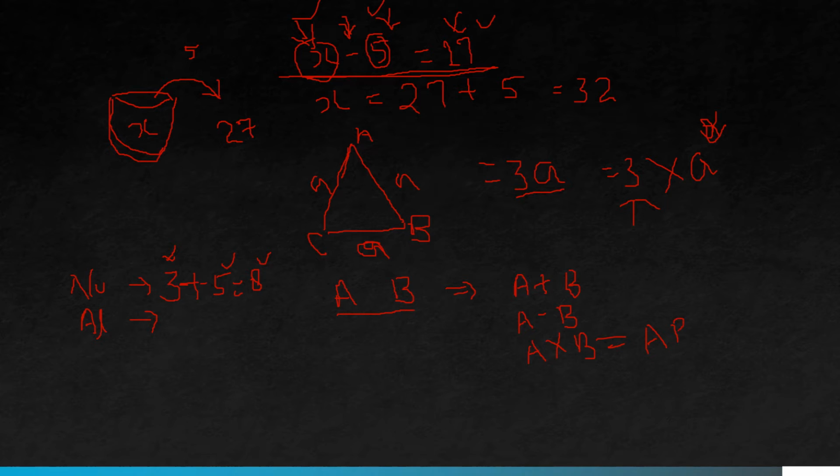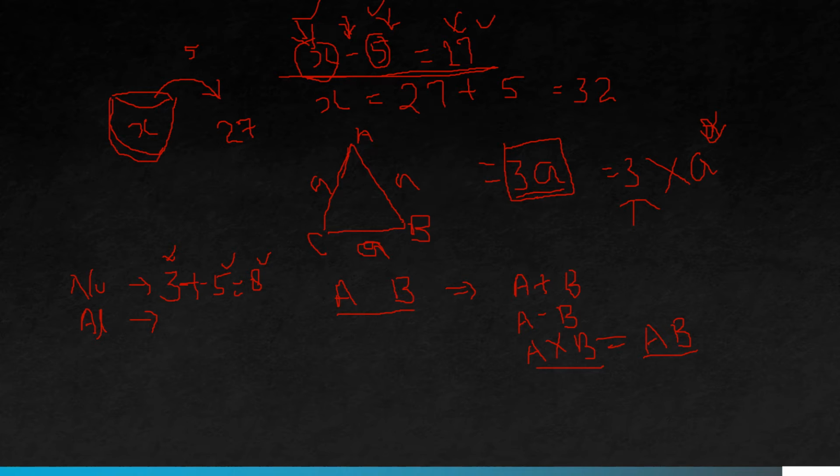Now these two things are equal because, as I mentioned, when I wrote 3a there was no symbol between 3 and a, so the default symbol is multiplication. Similarly, we have written ab, right?